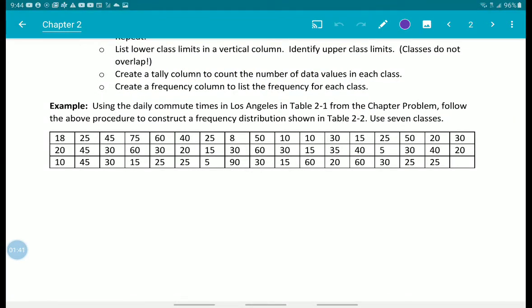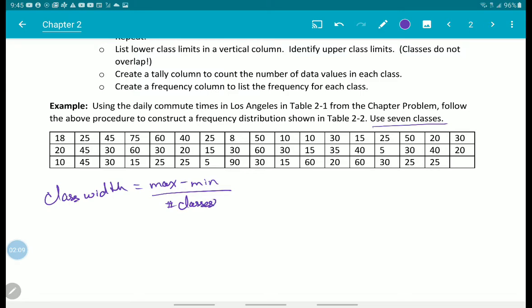In this example, we are using daily commute times in LA. These times are in minutes, and we want to use 7 classes. So our class width is going to be the largest value minus the smallest value divided by the number of classes.